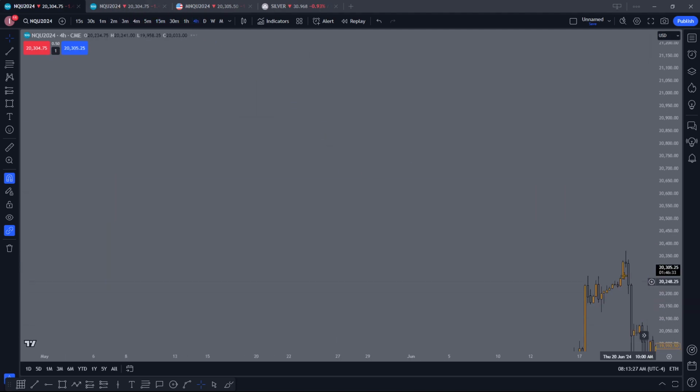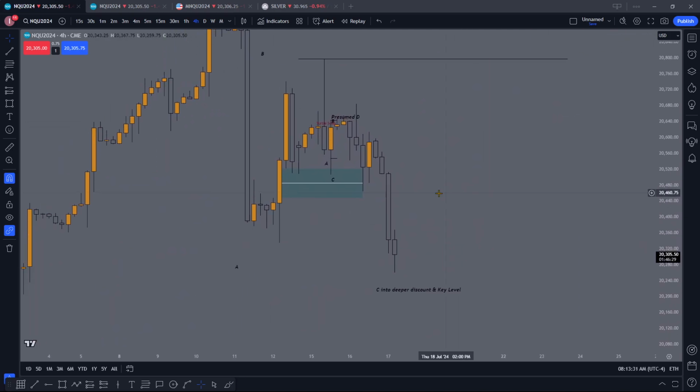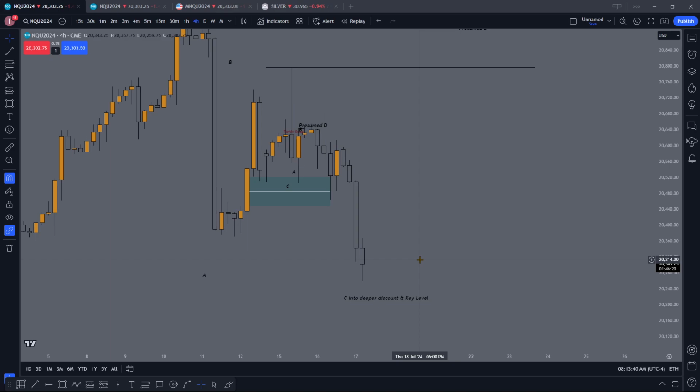Go back here. Now, what can you anticipate can happen to this leg here? The B to C leg. The same exact thing that happened on the 15-minute chart.